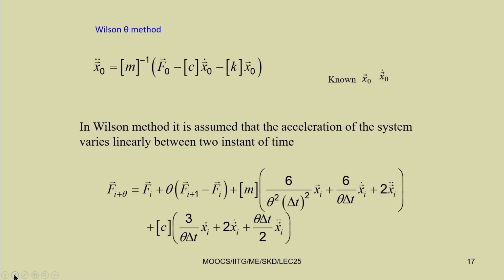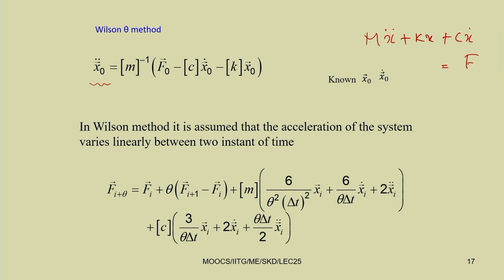There the equation is written in terms of acceleration, particularly when we are using the finite element method. So, we have multi degrees of freedom, and the acceleration component x double dot can be written in this form. For example, we have the equation m x double dot plus c x dot plus k x equal to f.